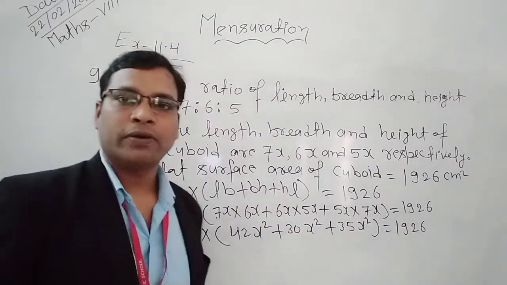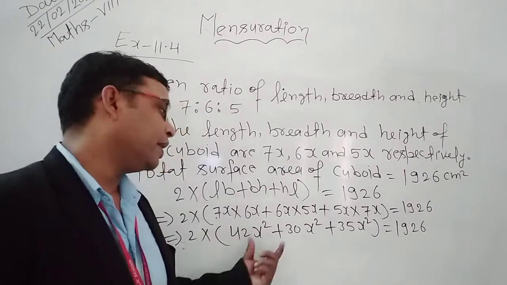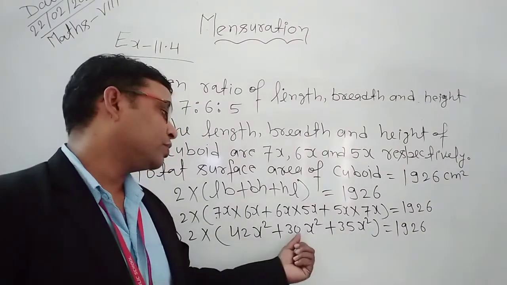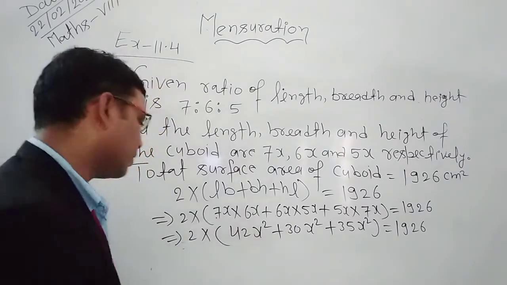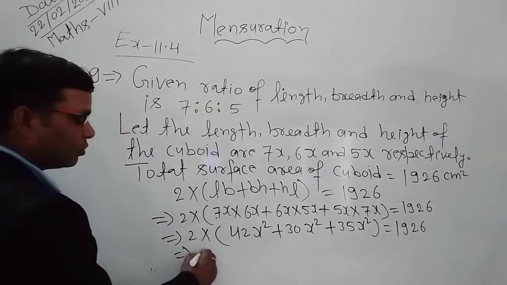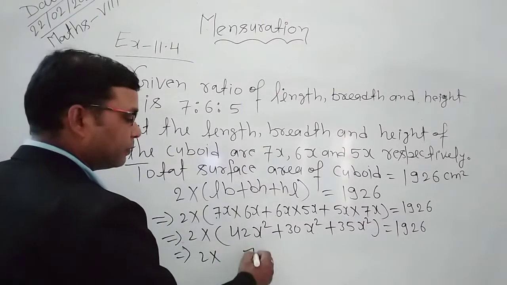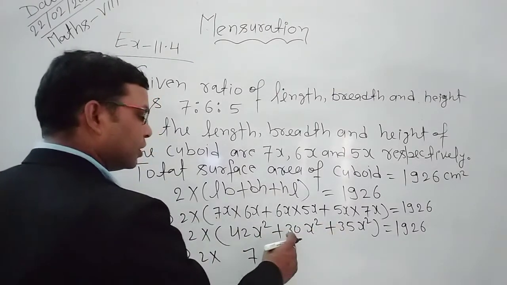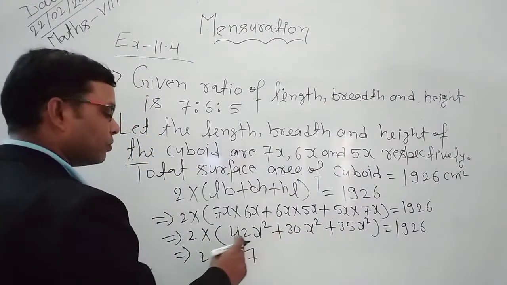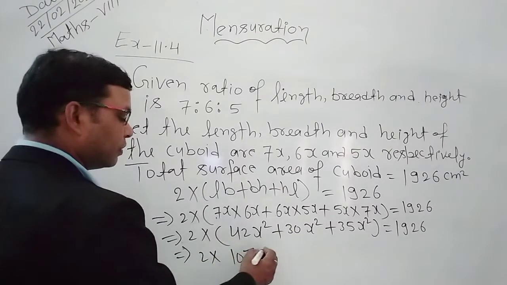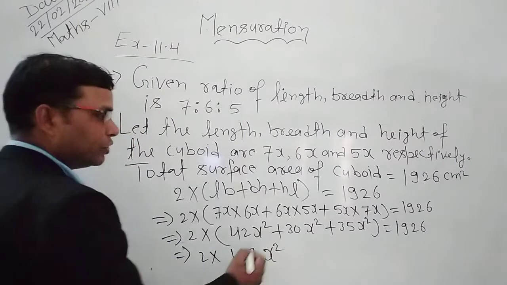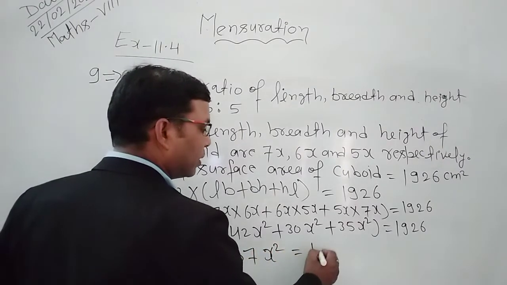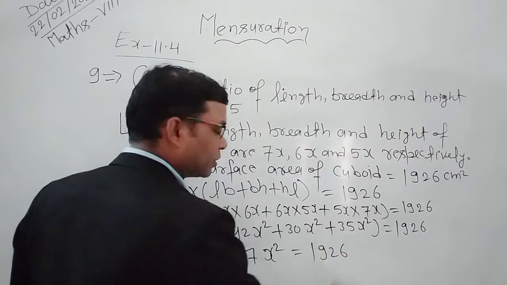Okay, now after we add them, so 5 plus 0 is 5, 5 plus 2 is 7, and 3 plus 3 is 6, 6 plus 4 is 10, so we get 2 into 107 x square. Okay, this is equal to 1926.